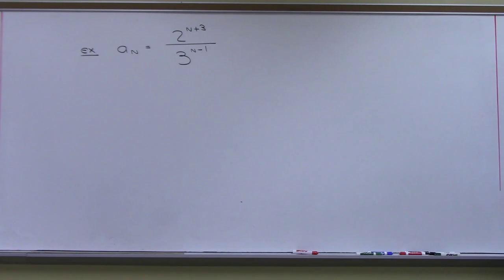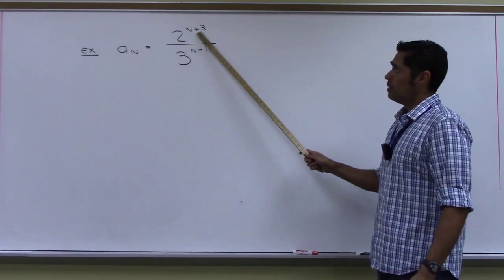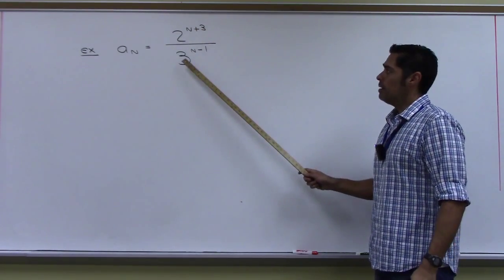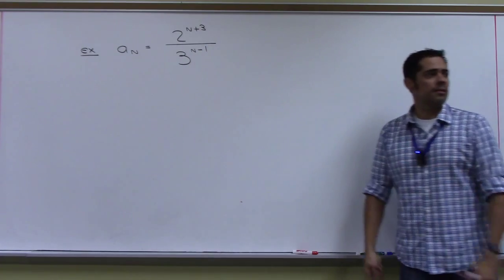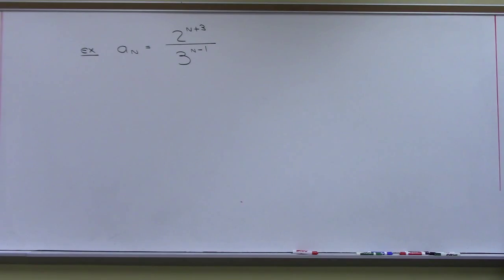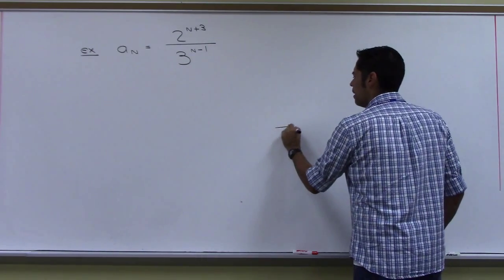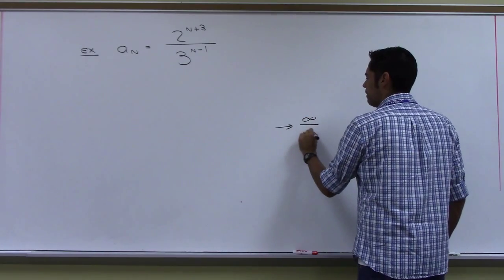What are you thinking? What does the numerator do as n gets bigger? That gets bigger, right? And 3 to a bigger number, that gets big also. So you have something that looks almost like an infinity over infinity, right? This almost looks like we're getting the form of infinity over infinity.